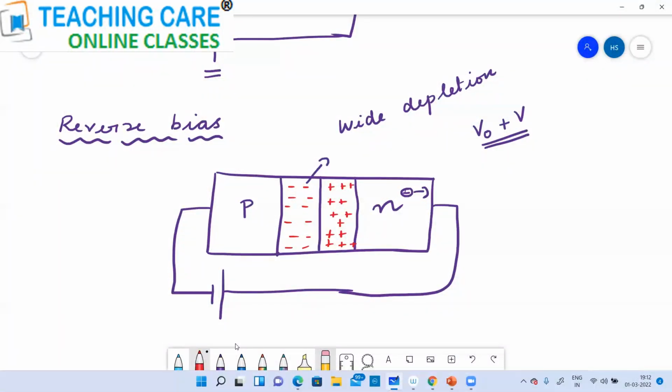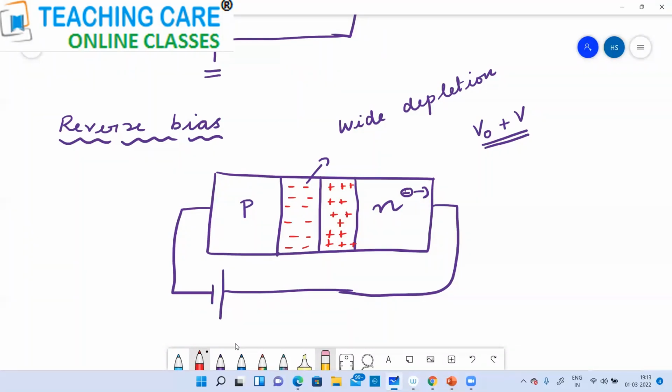Yes. From what I have understood, we took the normal PN junction diode, and this time instead of connecting positive to P, we're connecting negative to P, that is, negative towards P and positive towards N. So the negative side of the battery is attracting the holes of the P side.